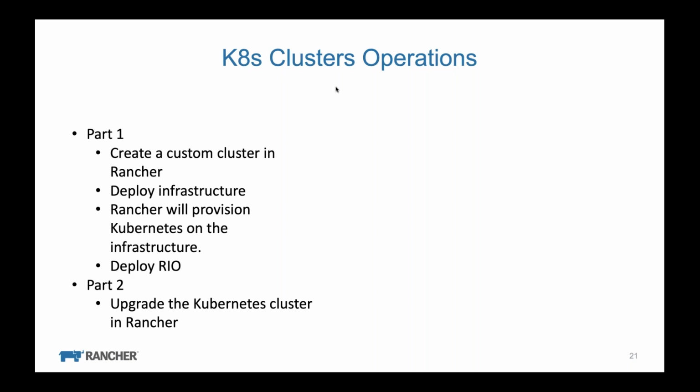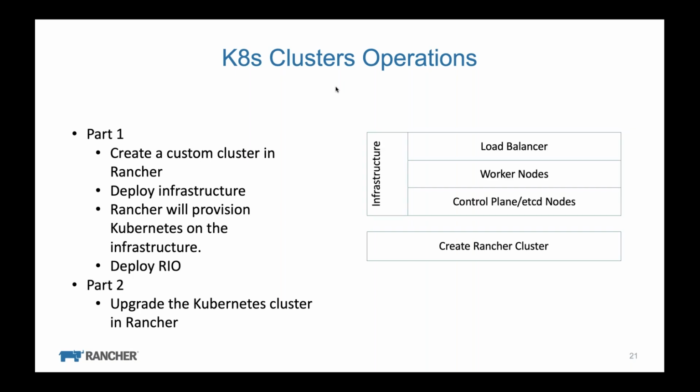But what we're going to see next is how to leverage the Rancher 2 provider to provision a new cluster for a user. We're going to create a custom cluster in Rancher, and as the output of that, we're going to get a registration command and then provision some VMs. We're going to create the Rancher cluster and then provision some VMs, again, the control plane, the workers, and the load balancers.